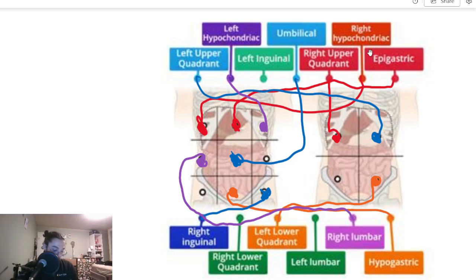Our left inguinal region, where's that at? Well, if the right inguinal is down there, the left one's probably right here, right? There you go. Correct. Our right lower quadrant, we've only got one left. There it is. Process of elimination. Okay. Now we've got one more thing left, and that is going to be your left lumbar, and that is green. Here it is. There you go.